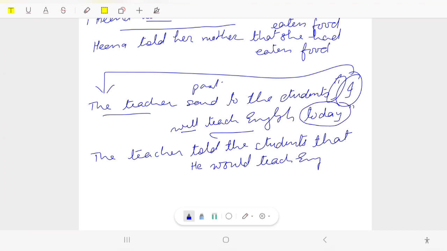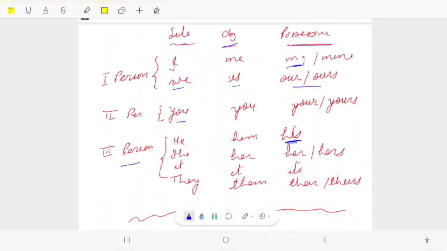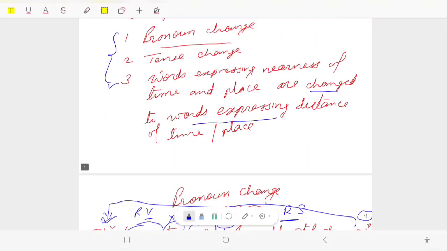So we discussed that three types of major changes are there: pronoun change, tense change, and words expressing nearness of time and place are changed into words expressing distance. The third change which we discussed here: words expressing nearness of time and place are changed to words expressing distance of time and place.